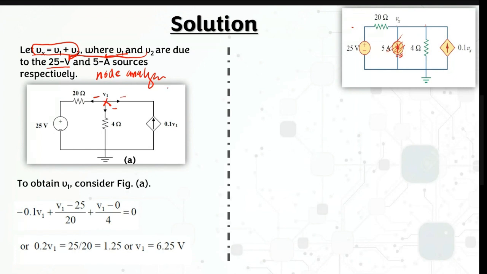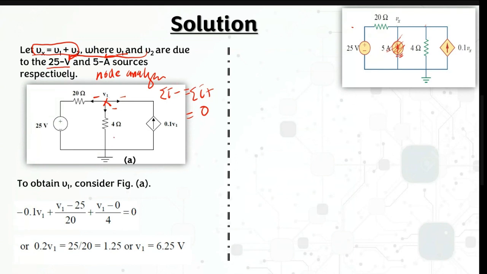So for the positive current, you will have zero, just equate with zero. You will just put all the negative currents for the node analysis.